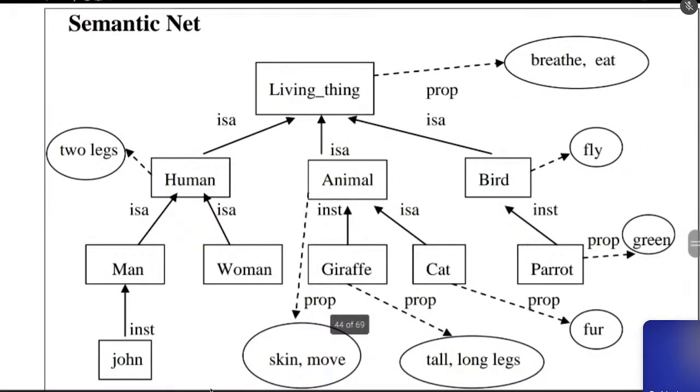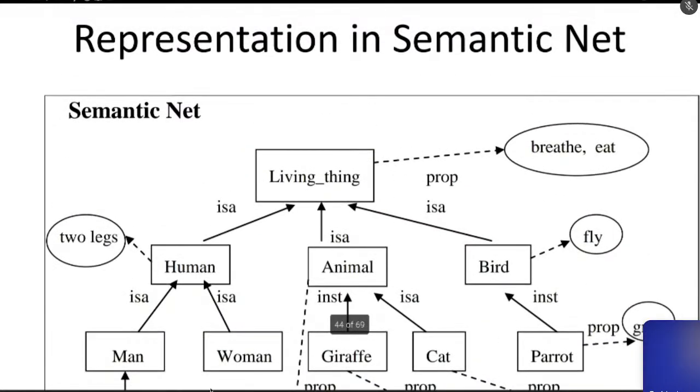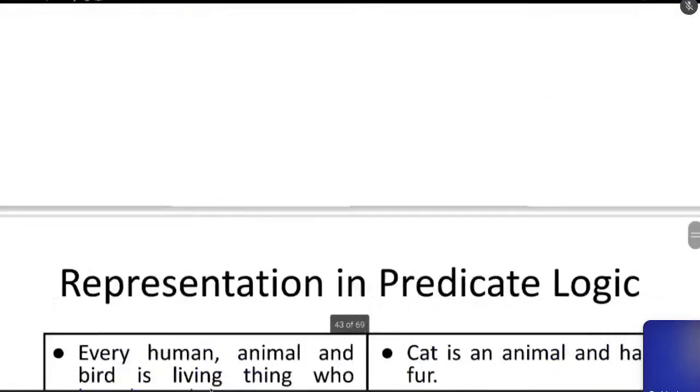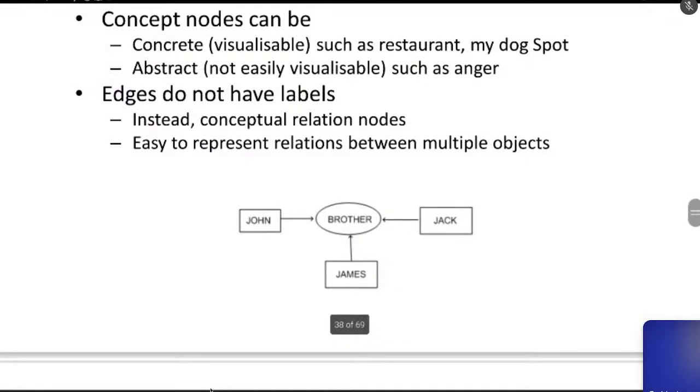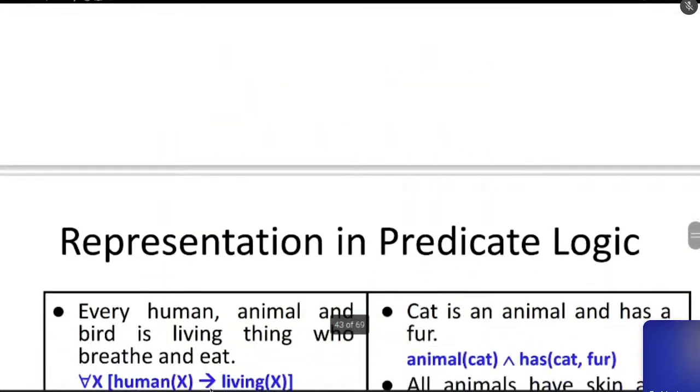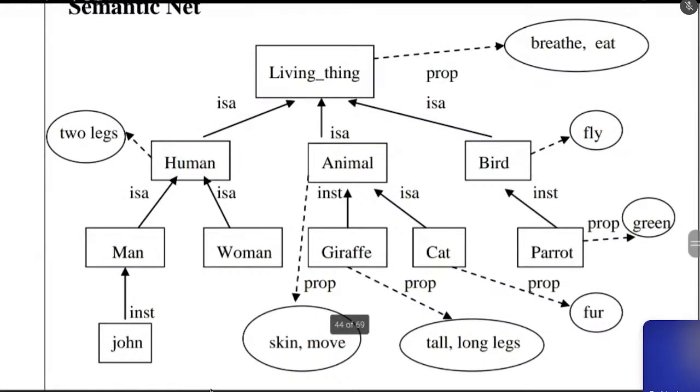A semantic net is very similar to conceptual graphs, right? So you have concepts and relations. Let's pick something.